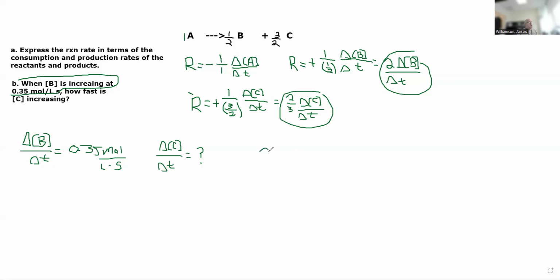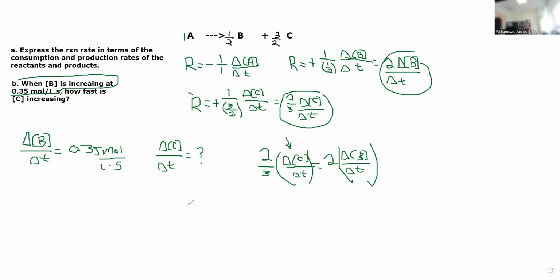So I know then that 2/3 delta C over delta T is equal to 2 delta B over delta T. And I want to solve for that.